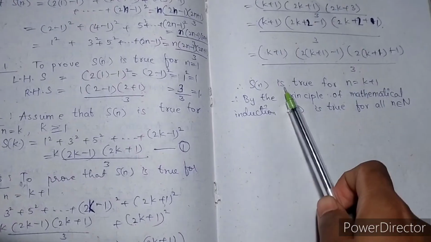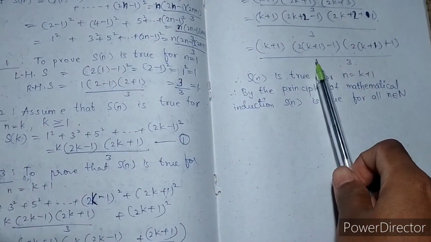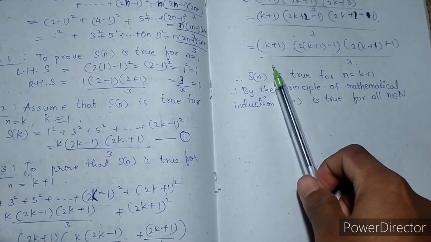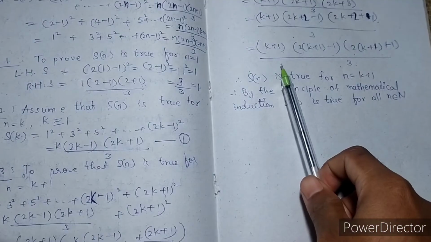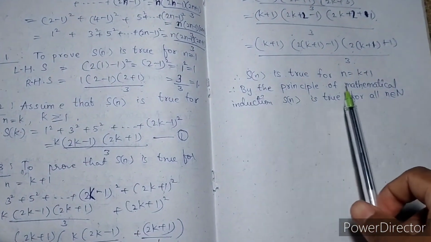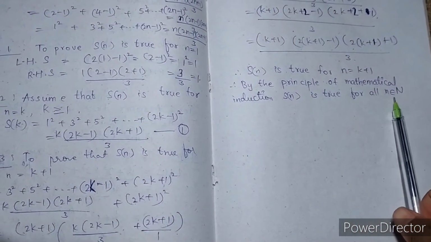By this statement you can say that this resembles the RHS for k plus 1, the sum of k plus 1 terms. So now you can say that the statement is true for n equals k plus 1. Then by the principle of mathematical induction, you can say that S of n is true for all n belongs to capital N.